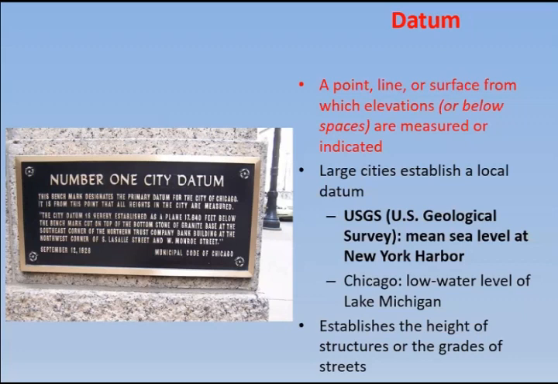Then northeasterly on a course N22, that's north 22 degrees east, a distance of 135 feet. So now you're back on Jasmine Lane. And then northwesterly along the south line of Jasmine Lane to the point of beginning.